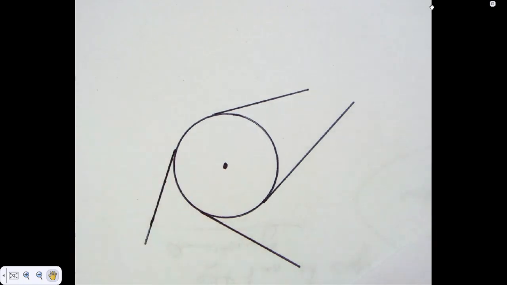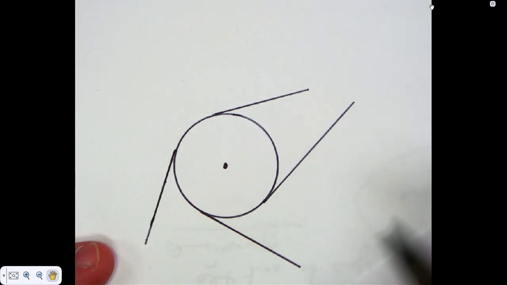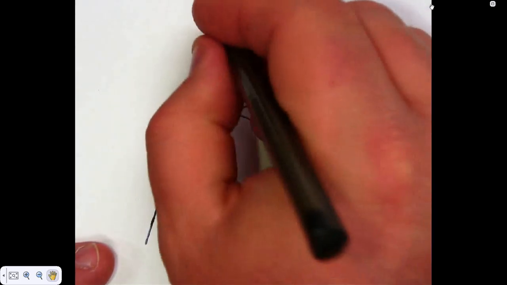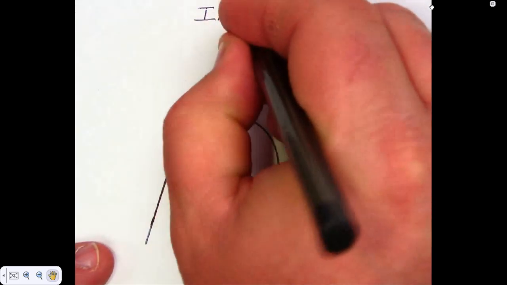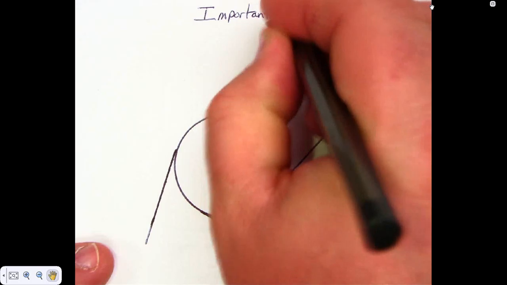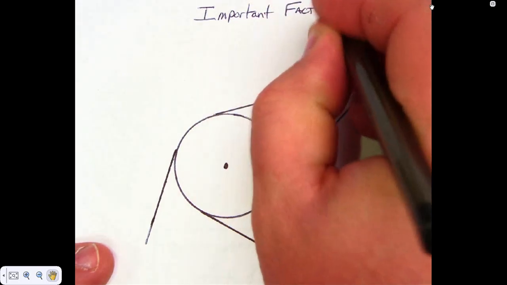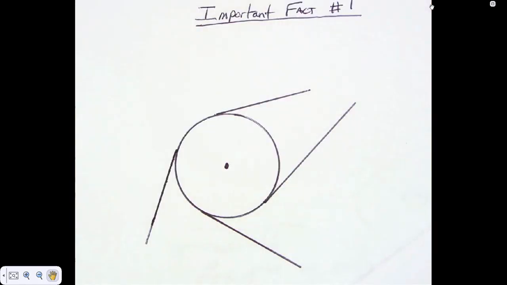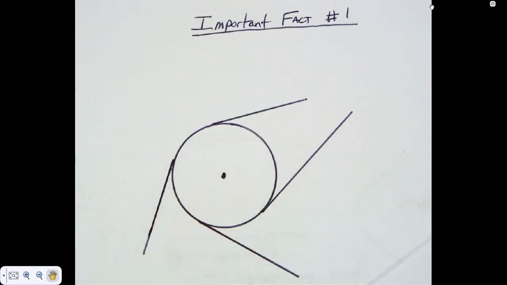Anyway, we're going to call this important fact number 1. Usually we call these definitions, theorems, postulates, axioms. We're just going to change it up and say, hey, this is an important fact here. In other words, you're probably going to do some problems that deal with this.